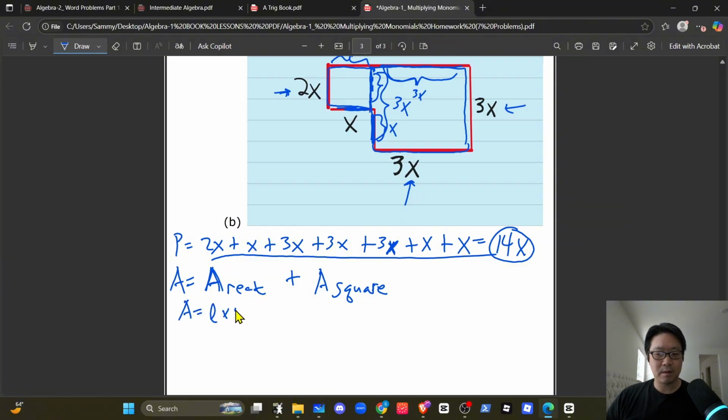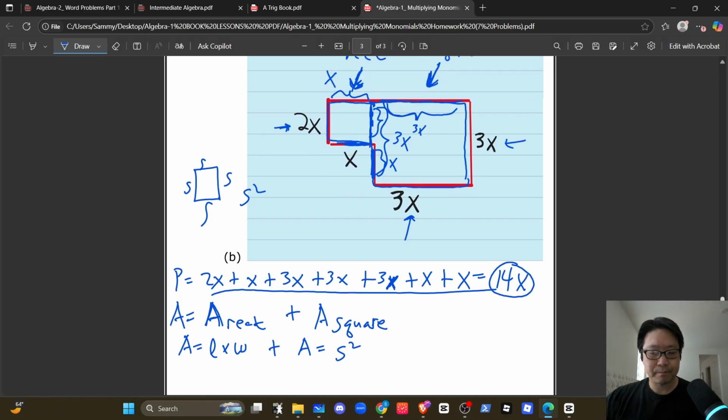Length times width. And the area of the square is going to be given by s squared, where s is one side of the square, right? Since if this is our square, then the area is just going to be s squared, right? Length times width.